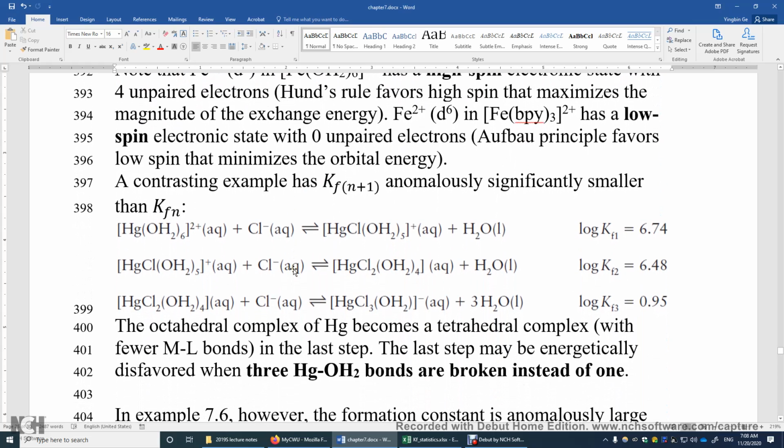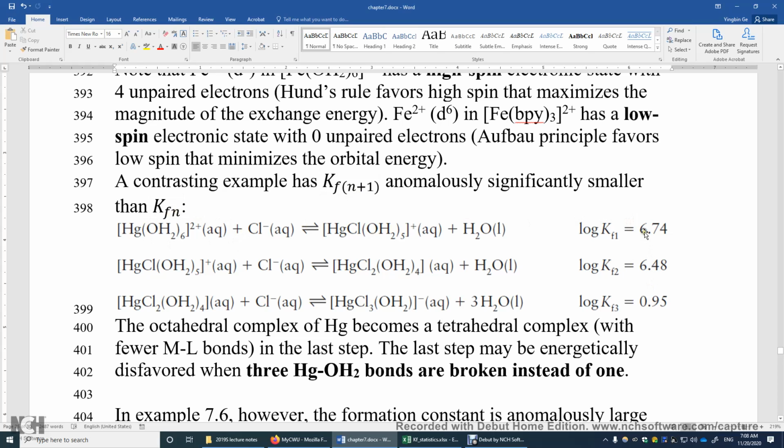There's a contrasting example. So we know Kf n plus 1 should be smaller than Kfn due to statistical reasons, but sometimes this Kf n plus 1 is just so much smaller than Kfn. There's got to be some other reason.